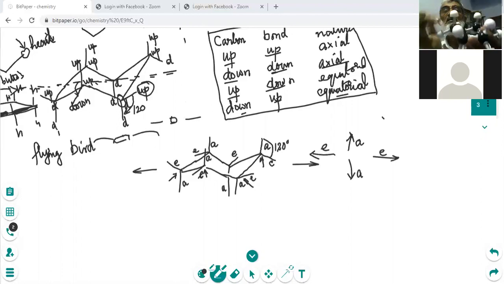Now you can see here the bond pointing up, this one. This is axial bond. This is axial bond. And this is axial bond. They are three pointing up. And here you have three pointing down. Oh, one is missing. Let me take one bond. I have to make.